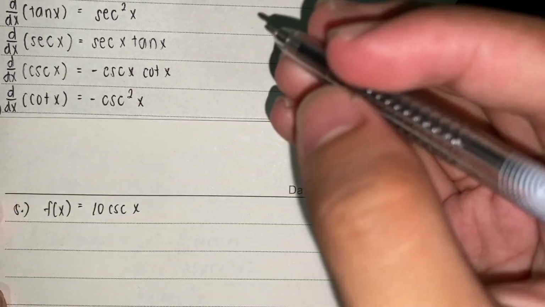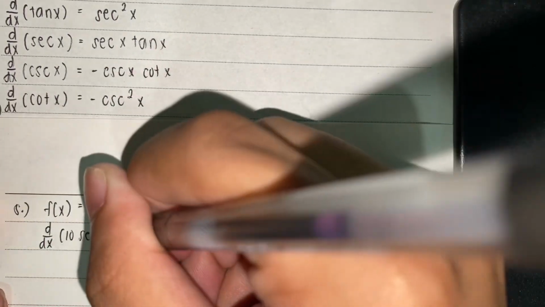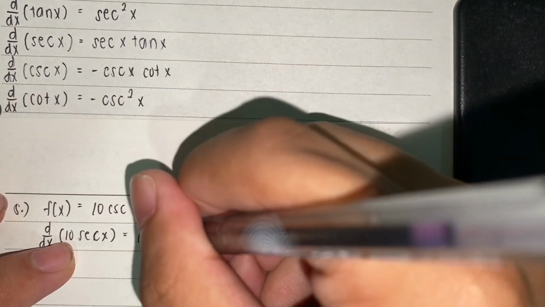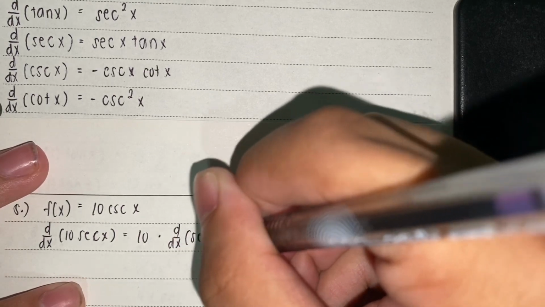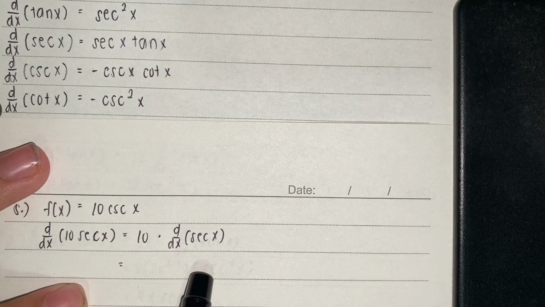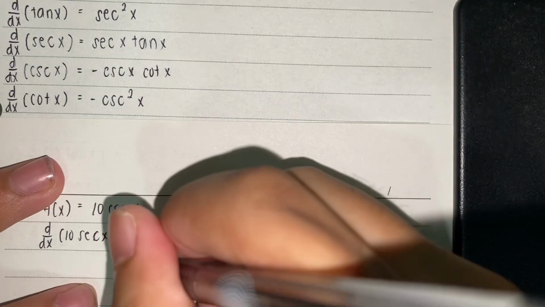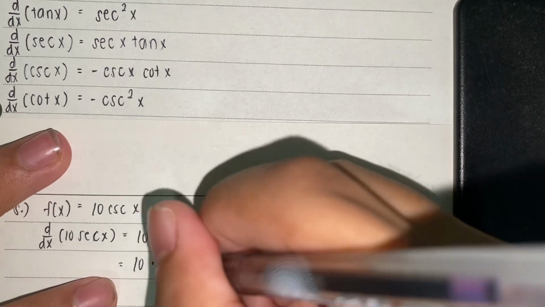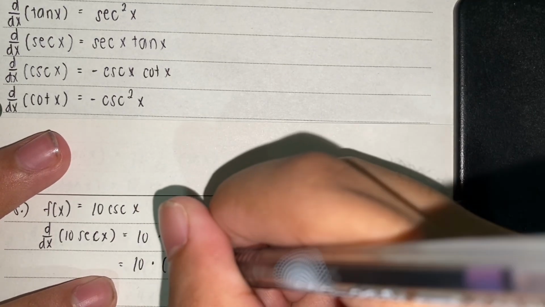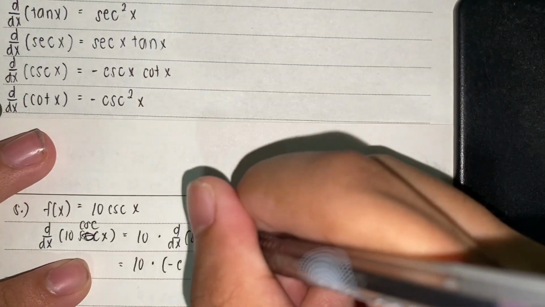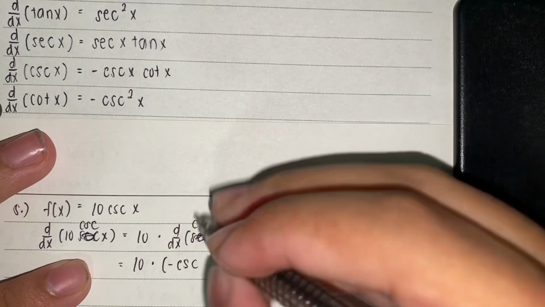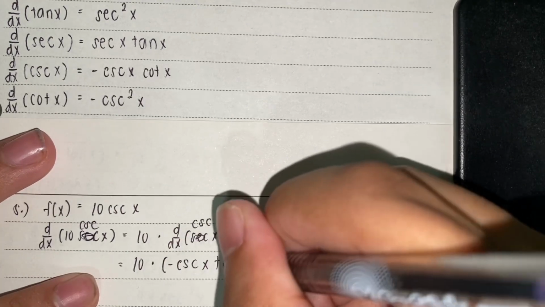Again, by using the constant multiple rule, the derivative of 10 cosecant x is, separate the two, 10 times the derivative of cosecant x, and we just substitute, times negative cosecant x cotangent x.